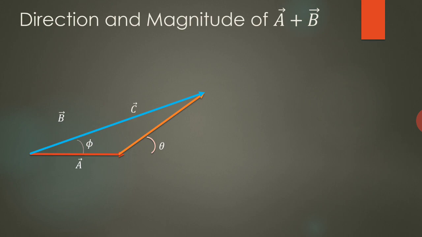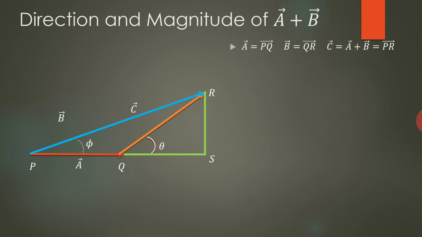So now C is the sum of these two vectors and phi is the angle made by the resultant vector. To calculate C and phi, I made a small geometric construction here and I have labeled all the corners like this.